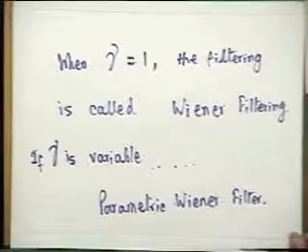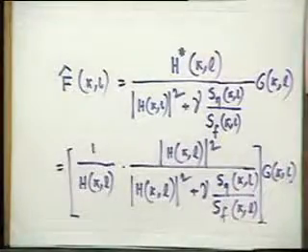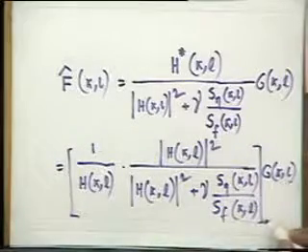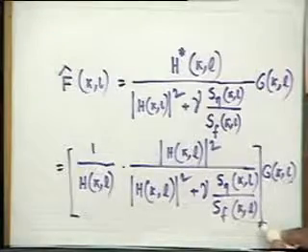Now there is one more $1 million question over here. Go over to our expression for F hat KL. It is good to have this equation, but what are the things that you need to know? You need to have a very good idea about not only the degradation model, H of KL, you must know.